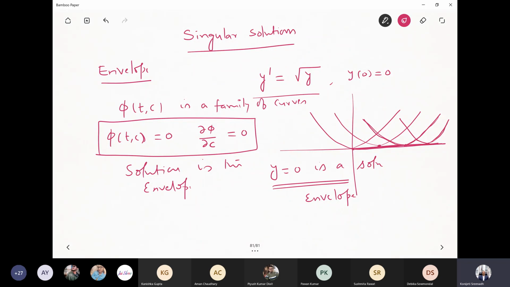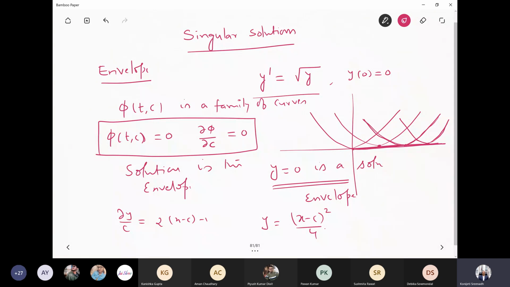So you can see here what the solution is. In this case, we found y equals (x minus c) squared by 4, right? So if you write ∂y/∂c, this becomes 2 into (x minus c), of course with a minus 1.